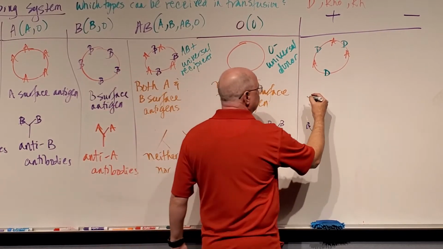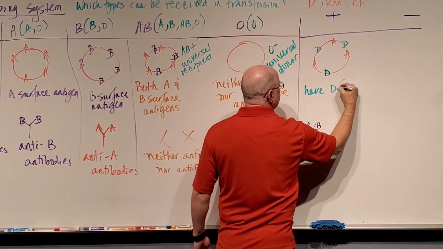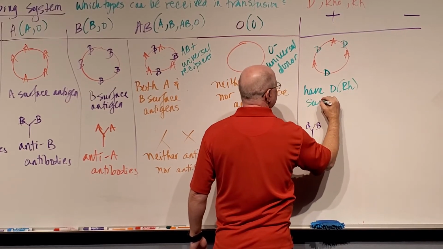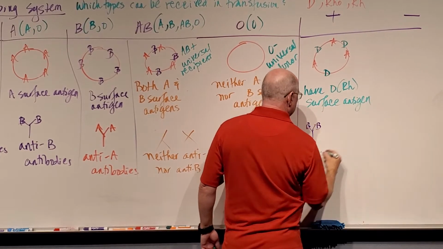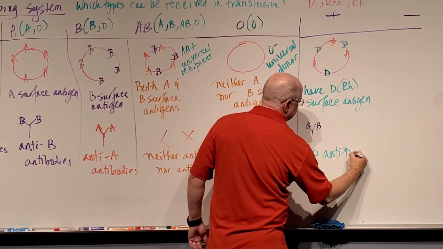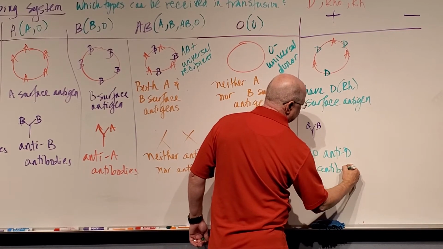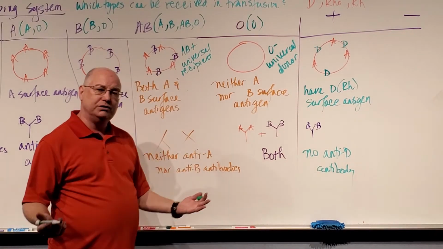So this person, if you're positive, you have the D or the Rh surface antigen. And you will have no anti-D antibody.